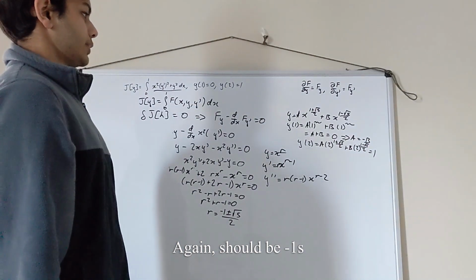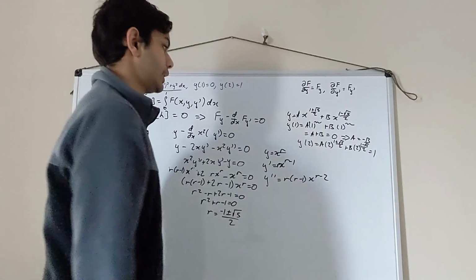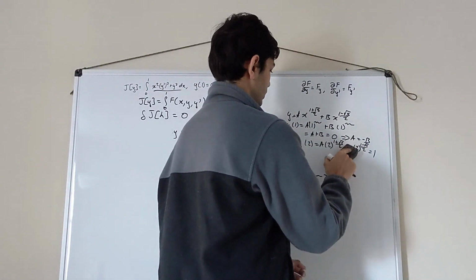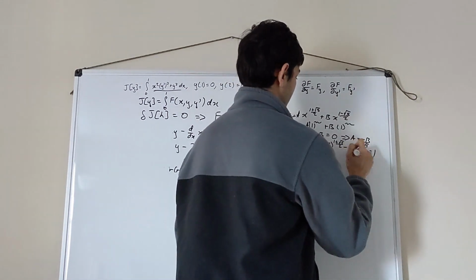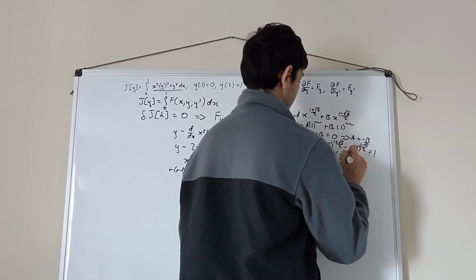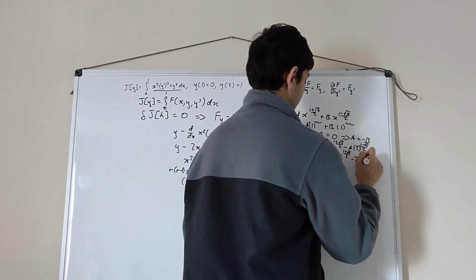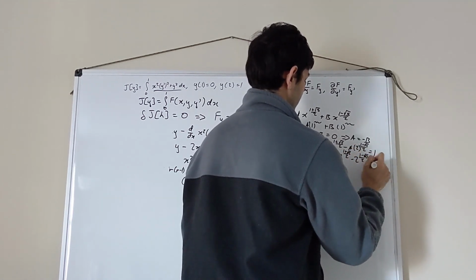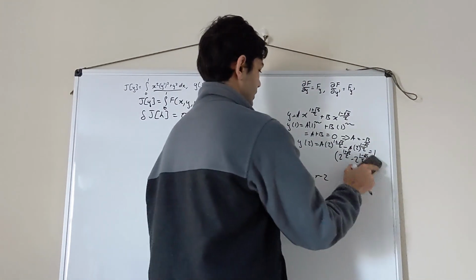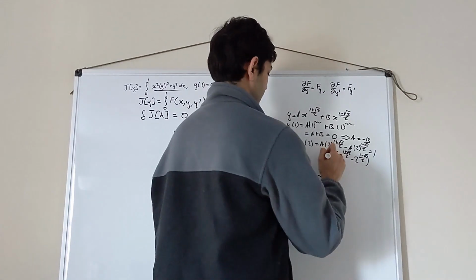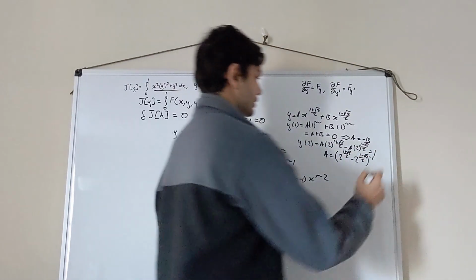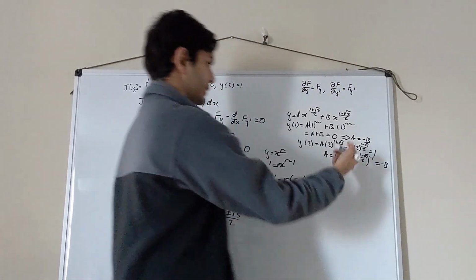For example, if you want to solve for the coefficient a, then you set b equal to -a, so you change this to minus a, and you say that a times 2 to the power of 1 plus root 5 over 2 minus 2 to the power of 1 minus root 5 over 2 is equal to 1. And so you can just invert this on both sides, and you can say that a is equal to this inverse. And then this is the same thing as -b, because b is equal to -a.